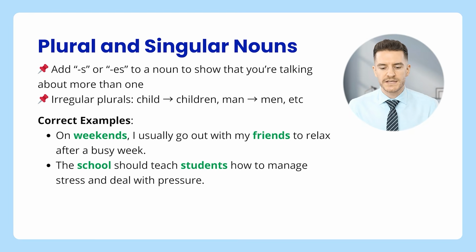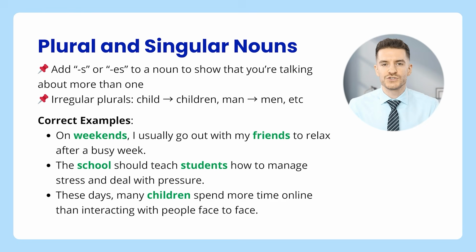The school should teach students how to manage stress and deal with pressure. So if you look at the word school, well, that doesn't have an S because we're only talking about one school. However, students does have an S because we're talking about many students, more than one student.